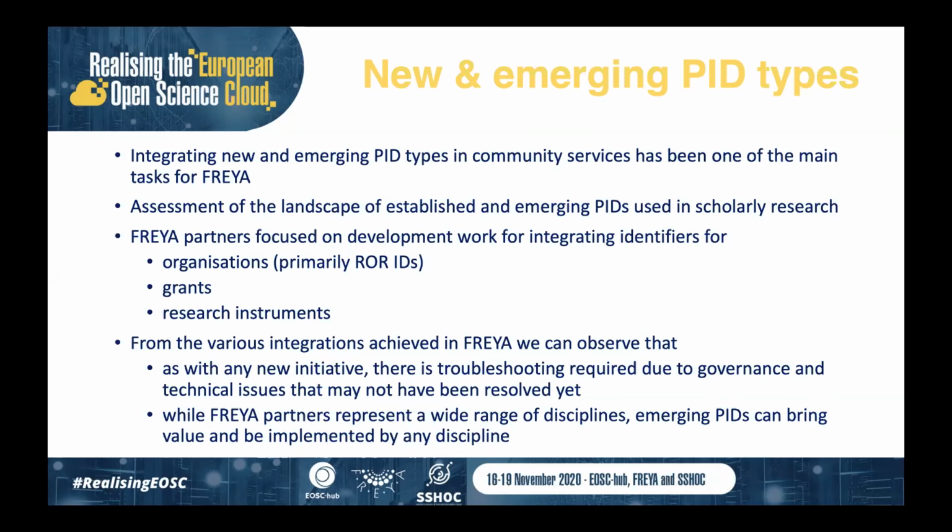For that work, partners decided on specific prototype services that could be taken forward based on the maturity level, primarily of each identified new PID type. And as a result, a lot of attention has been given to PIDs for organizations with a focus on ROR IDs, grant identifiers, and instrument identifiers. And we have a talk about instrument identifiers in just a bit.